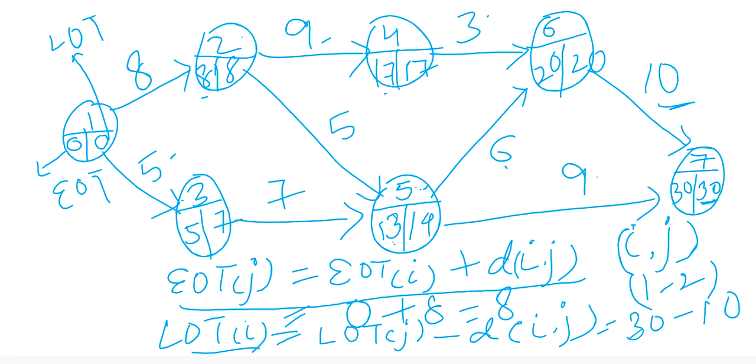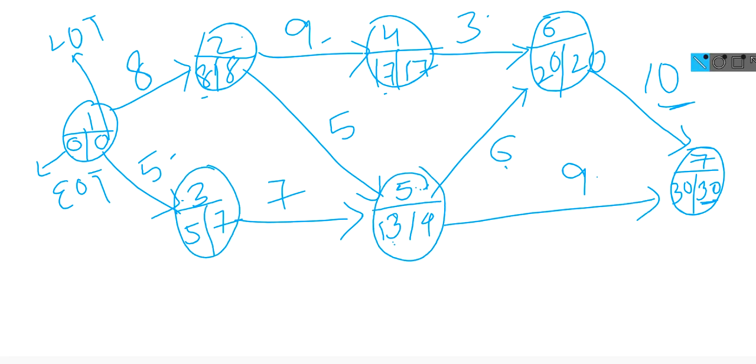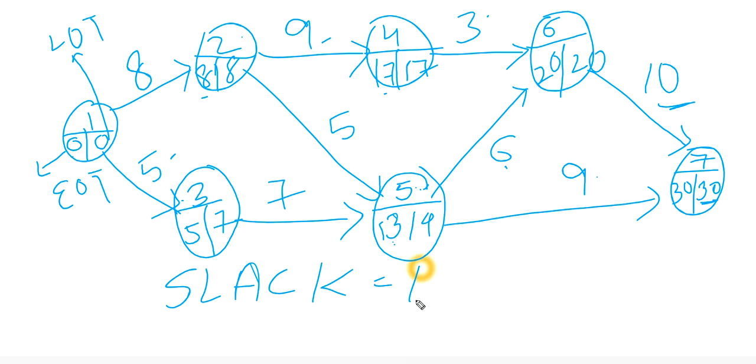Now what next I have to do is find the critical path. To find the critical path, we have to calculate a term called slack. So here I have to calculate slack of each activity. The formula to calculate slack is LOT minus EOT.